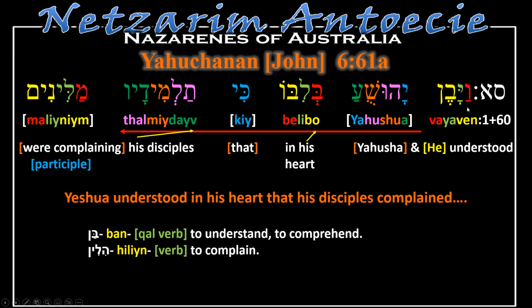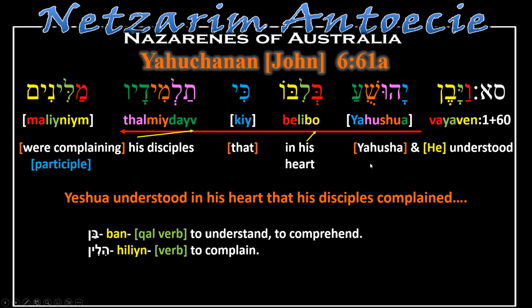And we read it. Vayavein. And he understood. So why does it mean understood? It comes from the root bin, which is a kal verb to understand, to comprehend. And he understood. It's a finished action because of the vav and the yod. The yod makes it imperfect, the vav makes it perfect.